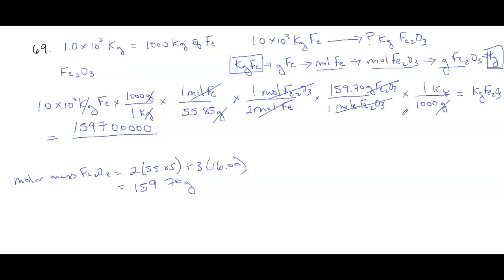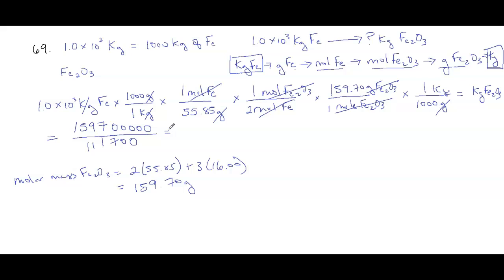And now I'm just going to multiply across the bottom. So I have 1 times 55.85 times 2 times 1 times 1,000 equals 111,700.